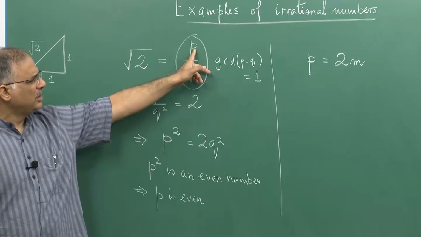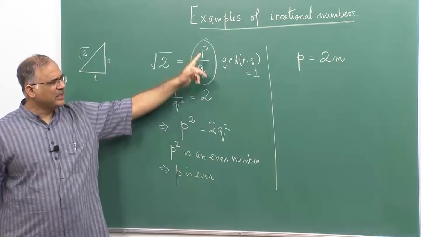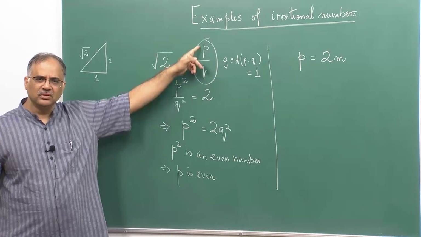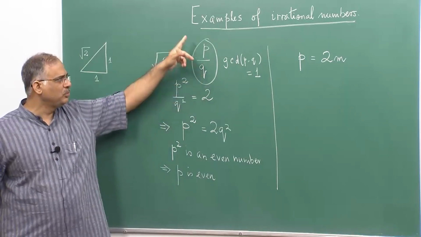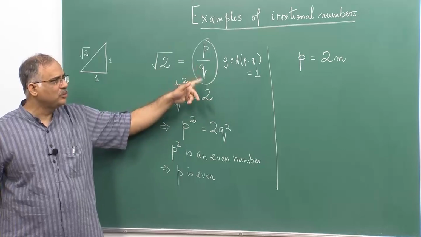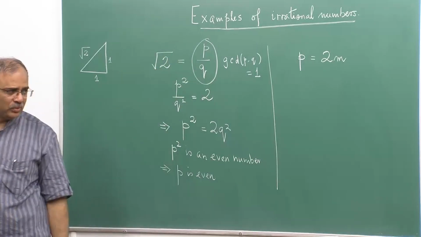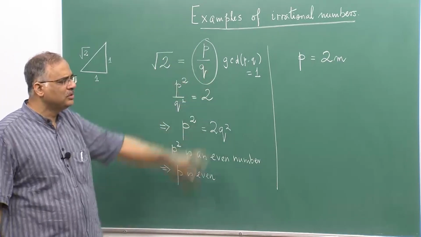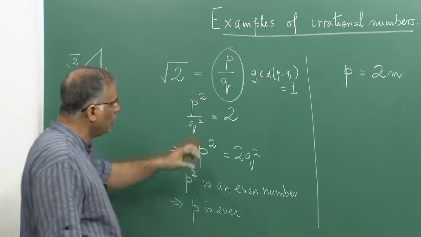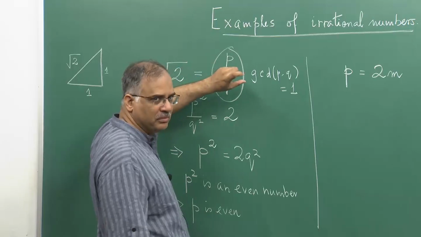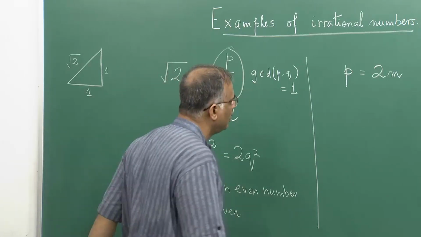That is, you cannot make any further cancellations. It is not 2 by 4, we should never write 2 by 4, we should write it as half. It is called the most reduced form of a rational number. So, there is no common factor between them other than 1.